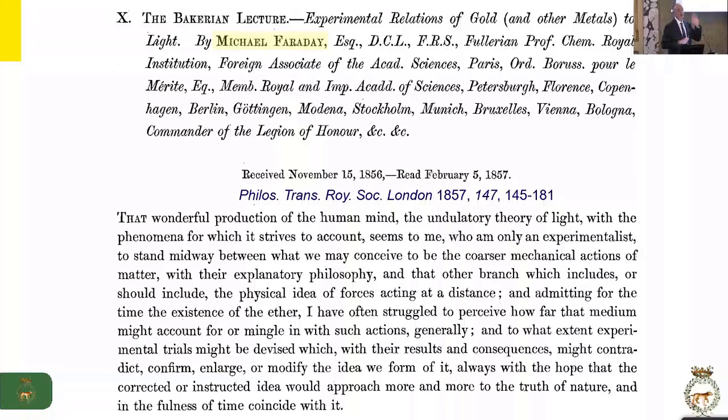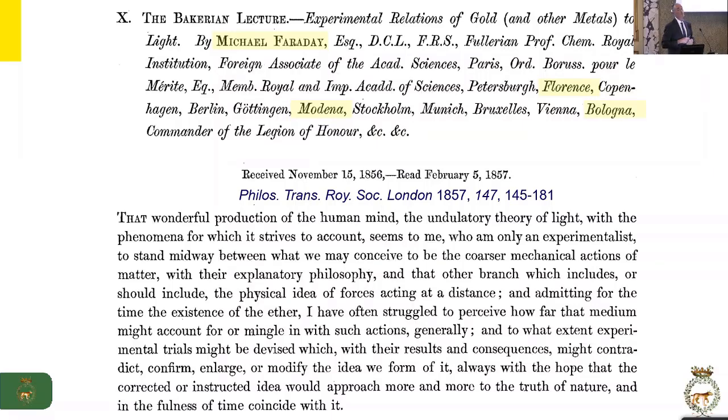Now, scientifically, we usually put the start of the field of nanoscience related to plasmonic colors in 1856. 1857 was the publication, and it dates to Michael Faraday, the same Michael Faraday you know for many different things.